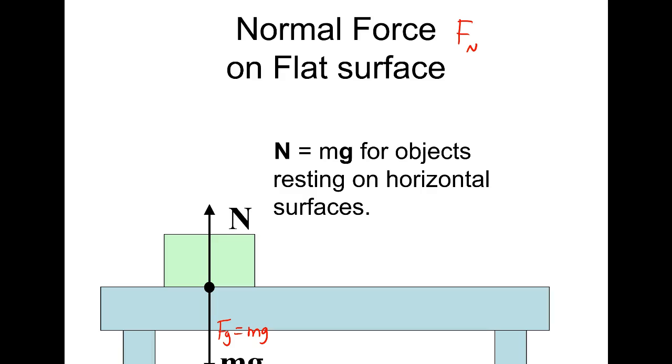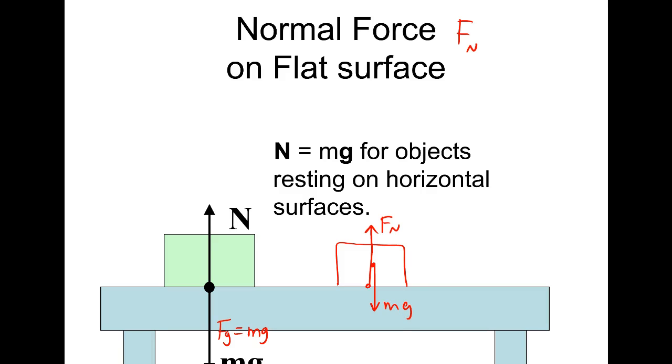Now, another thing that's important to point out is that we typically want to draw these forces acting at the point of application. And so the normal force, if I redraw this box, will act where the table is pushing up on the box, but the force of gravity actually acts at the physical center of the object.